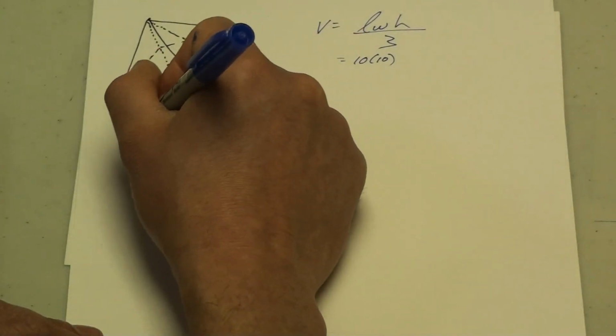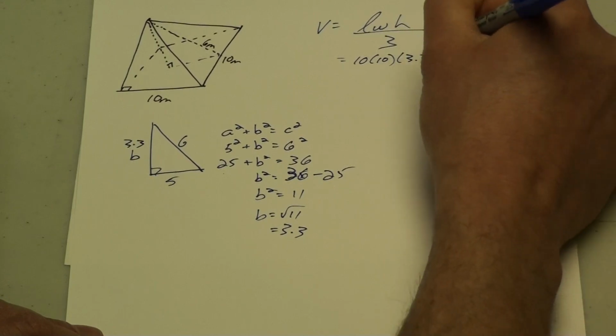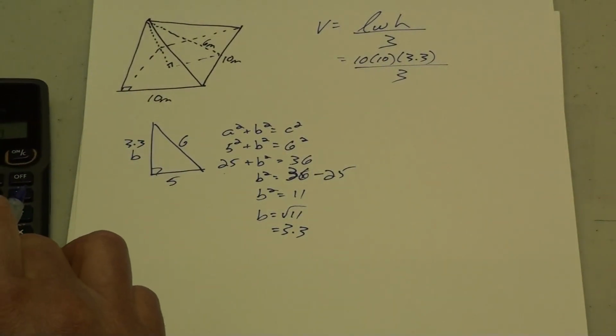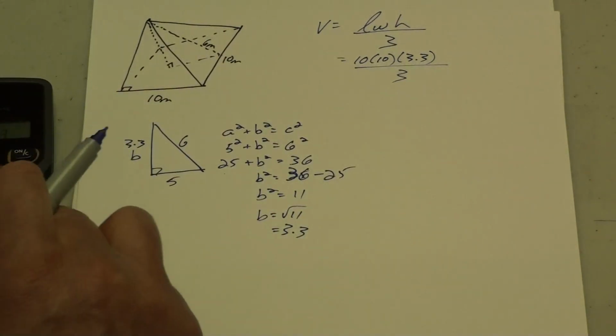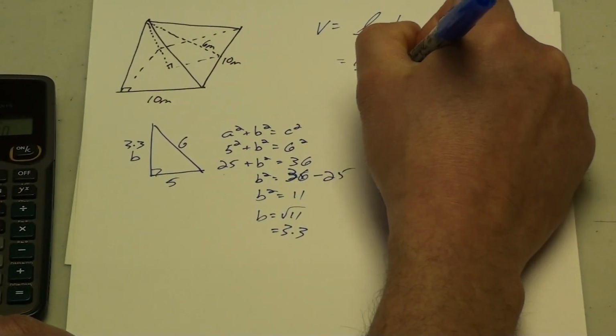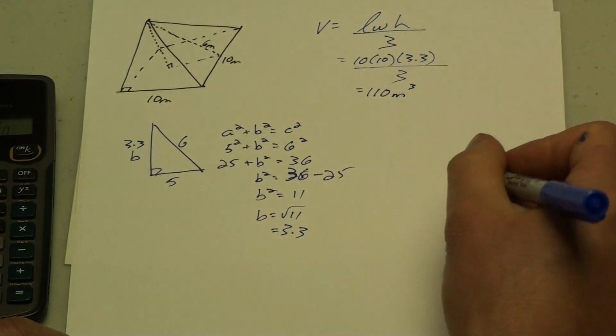My height is 3.3. So I can put that into the formula. Divide by 3. So I'm going to have 10 times 10 times 3.3 divided by 3, which gives me 110, and that's my volume, meters cubed.